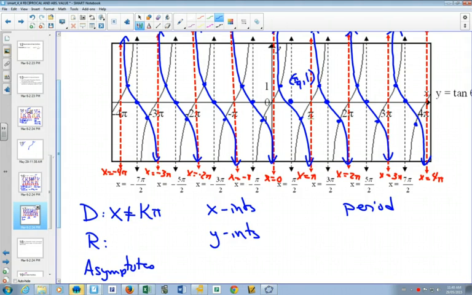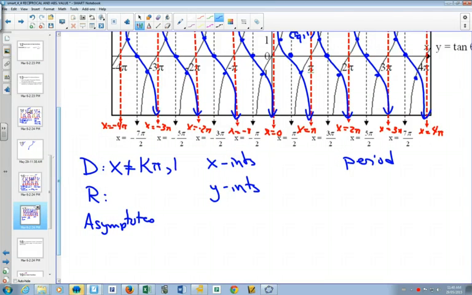X can't equal k pi. That's because we have asymptotes at every multiple of pi.